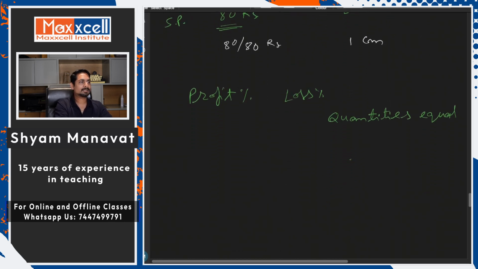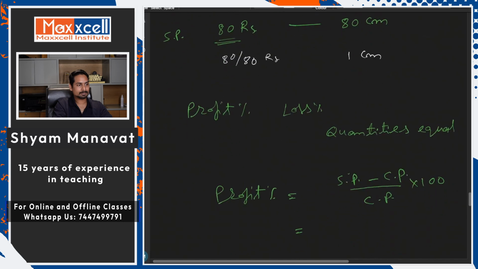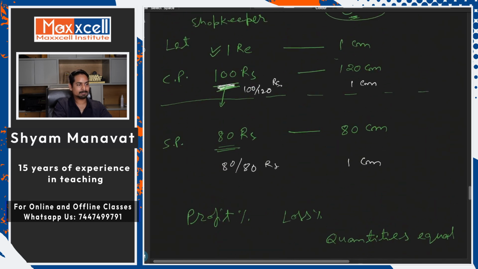Now, if I apply the formula of profit percentage, this is selling price minus cost price, profit is calculated on cost price, into 100. Simplify this. Selling price is 1 minus cost price 100 by 120.